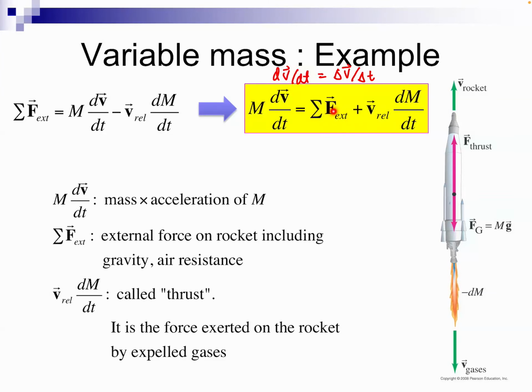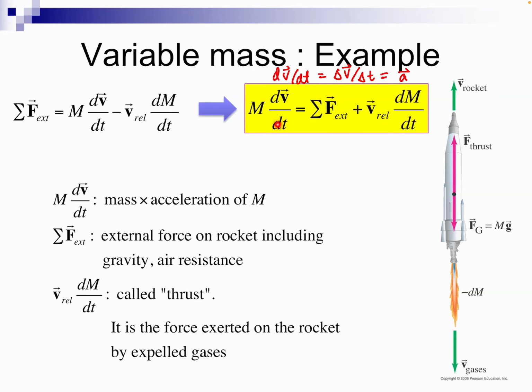I rearranged this equation so that the right-hand side contains the net external force and the change in mass. By rearranging this, we can see that dv over dt is the change in velocity over time, which we learned to be acceleration.